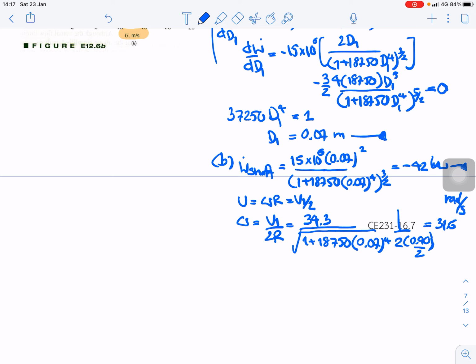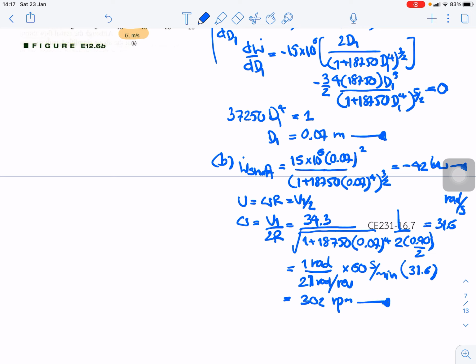And we can convert it by dividing by 2 pi and multiplying by 60, so we got 302 rpm. That converts from radians per second to rpm.